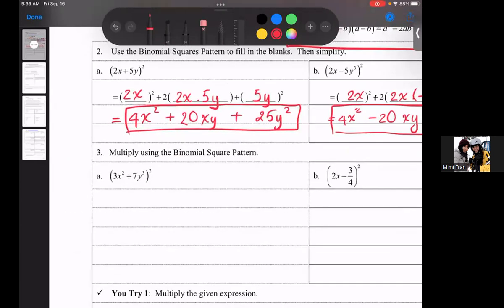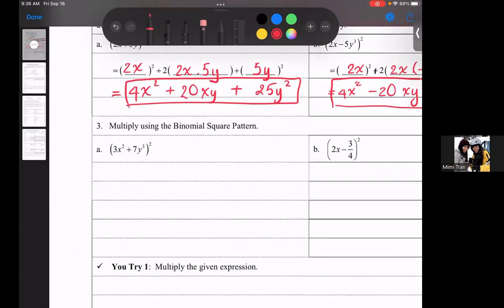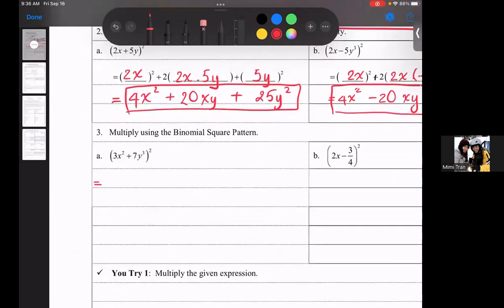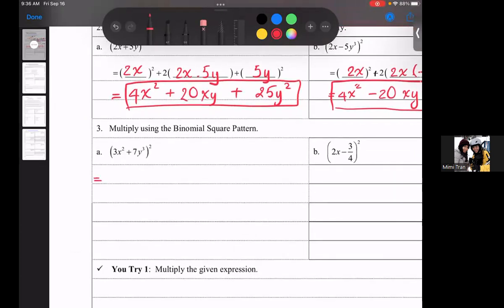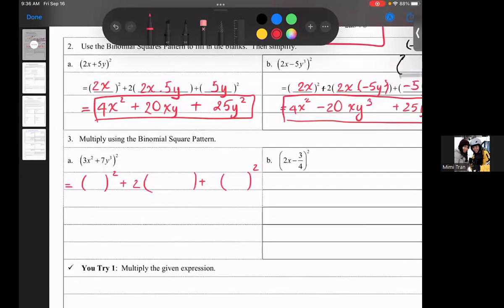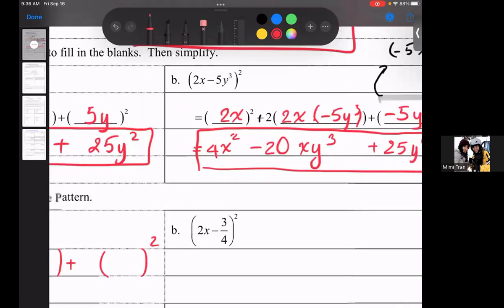All right, I'm going to do number 3 for you, without those fill-out things. Yes. Oh, negative 20, because by the way, I fixed the negative into a positive.